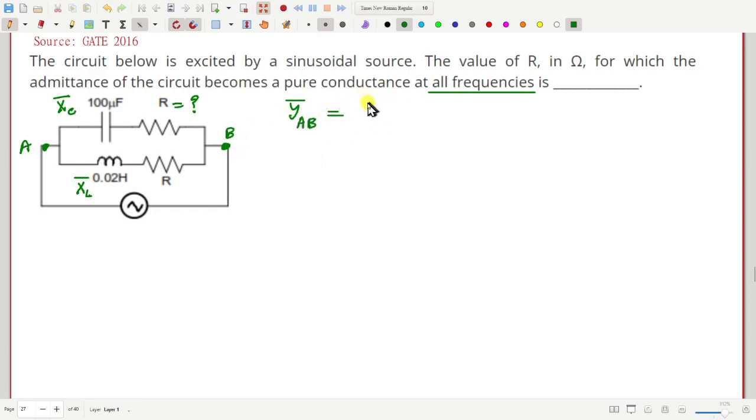So YAB for the upper branch, how much is the upper branch admittance? That will be 1 by R minus jXC, with this as jXL. Then it is 1 by R minus jXC for the upper branch, and then plus 1 by R plus jXL for the lower branch.